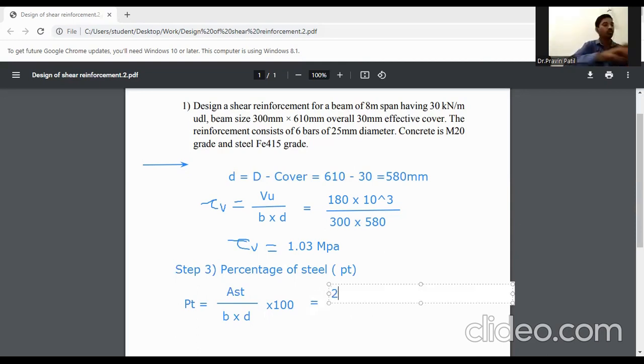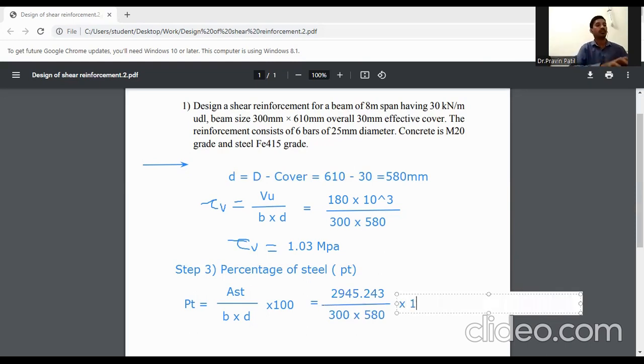So AST is 2945.243 mm square divided by b into d. b is 300 mm and d, the effective depth, is 580 mm, into 100. So we get the percentage of steel from this.